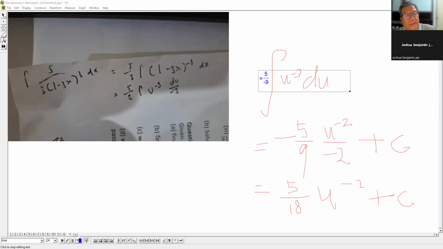Okay, can you copy these steps, then you send me the one that you have changed.